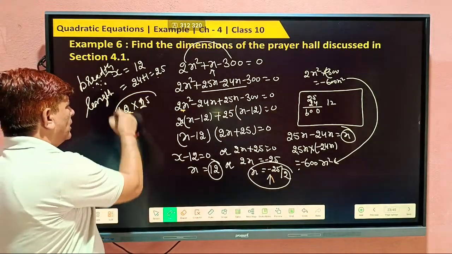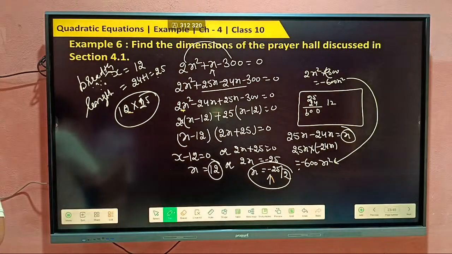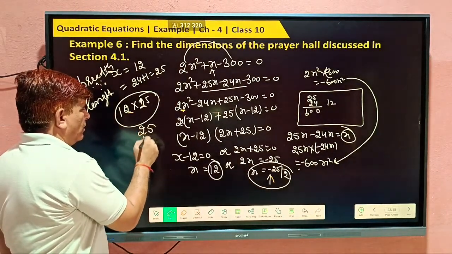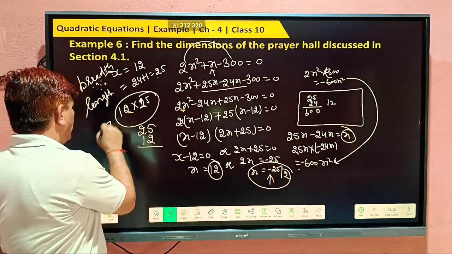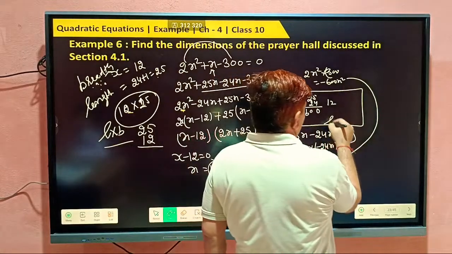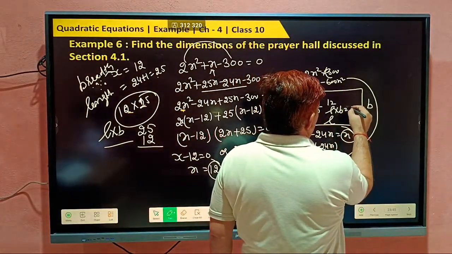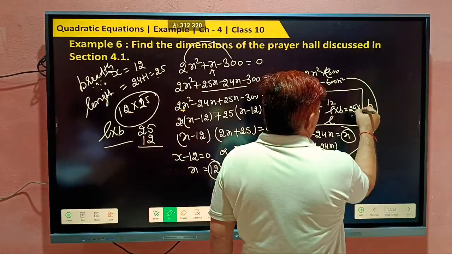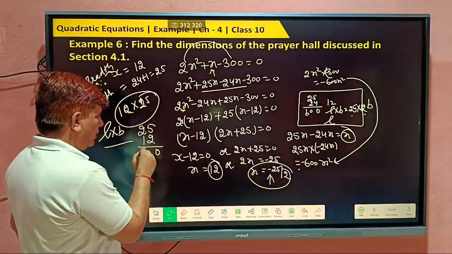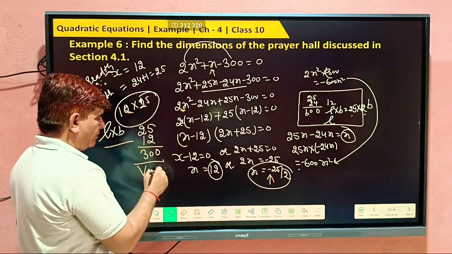We can find out according to 4.1. Its area is 300, and if you multiply 25 into 12, why? Length multiplied by breadth, because it's a rectangle, this is length, this is breadth. So L into B, L is 25 and B is 12. When you multiply this, 300 comes. So this is the verification of your question.